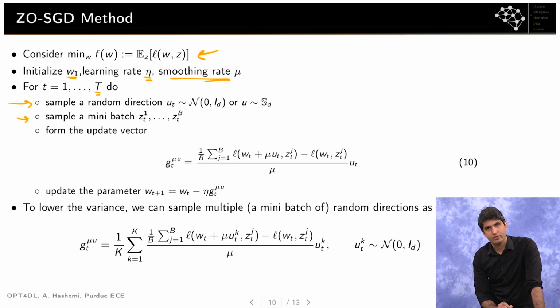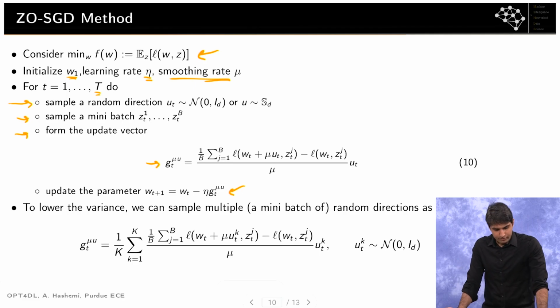This part is identical to SGD. We sample a mini batch, and then we form our update vector. Okay, so the update vector has a mini batch form, so it's the average of the zero-order estimator we discussed in the previous slide, and then we're going to use it to update our parameter by using this simple first-order update that we have seen more than a few times in the course so far.